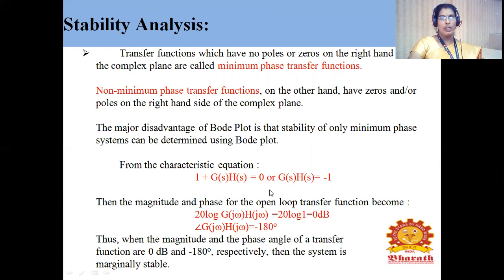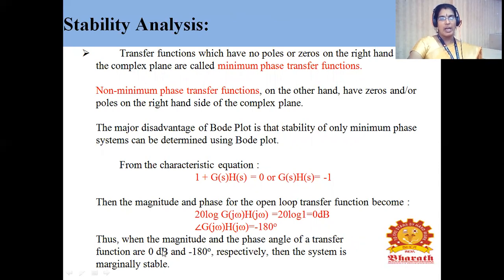Okay, now how will you write the magnitude and phase angle for this? 20 log of g of j omega into h of j omega, which is equal to 20 log 1, which is equal to 0 decibels. Similarly, angle of g of j omega into h of j omega is equal to minus 180 degree. Thus, when the magnitude and phase angle of a transfer function are 0 decibel and minus 180 degree respectively, then the system is marginally stable.